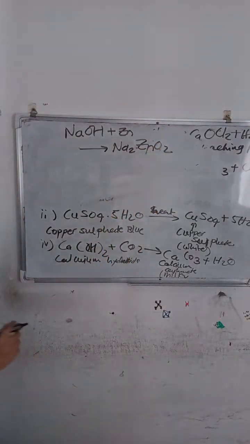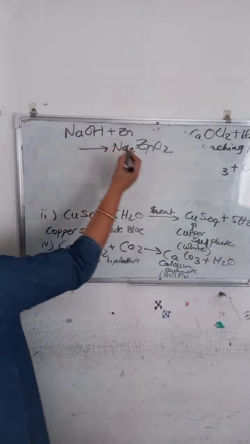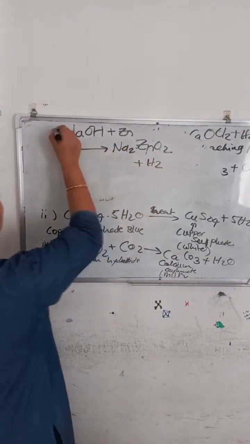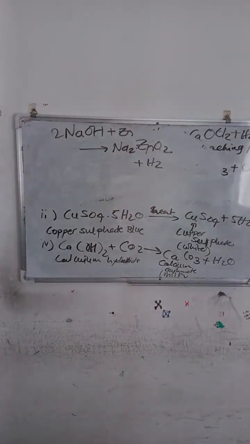This is the product, and the remaining is nothing but H, so it will form H2 gas. So I will multiply by 2. Now check whether your equation is balanced or not.